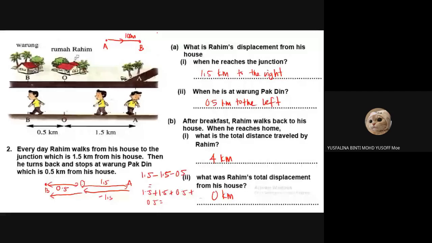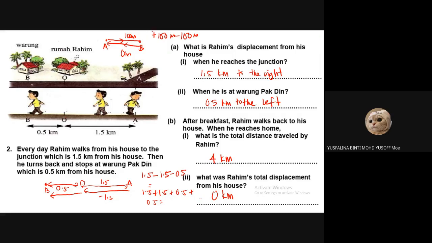And then he moves backward, back to A, so it becomes negative 100 meter, because now the direction has changed, right? Backward, so negative. So what you will get, positive 100, negative 100, you get 0. So this is the displacement. Any object that moves back to its original position, the displacement must be 0.